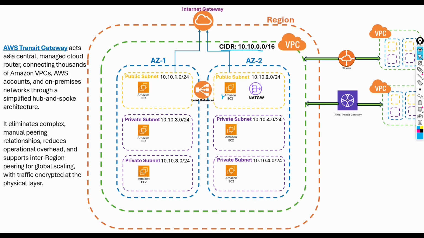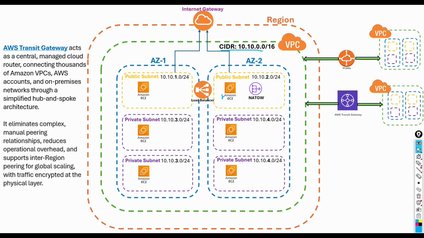Next, AWS Transit Gateway. It acts as a central managed cloud router connecting thousands of Amazon VPCs, AWS accounts, and on-premises networks through a simplified hub and spoke architecture. So there is another way to connect one VPC to another VPC with the help of Transit Gateway.